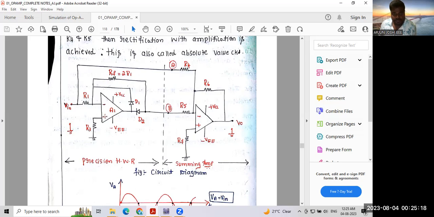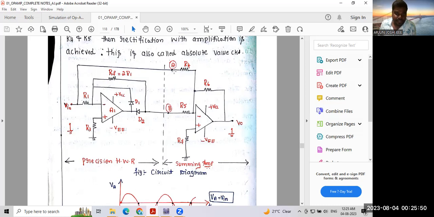Okay, first let's understand what is going to happen in the positive half cycle. First, I'm going to give a positive supply to the negative terminal, that is, the inverting terminal. It will generate a negative output, because it is an inverting amplifier. Here D2 will act as a closed switch, D1 will act as an open switch. In that condition, what will be the voltage at B?